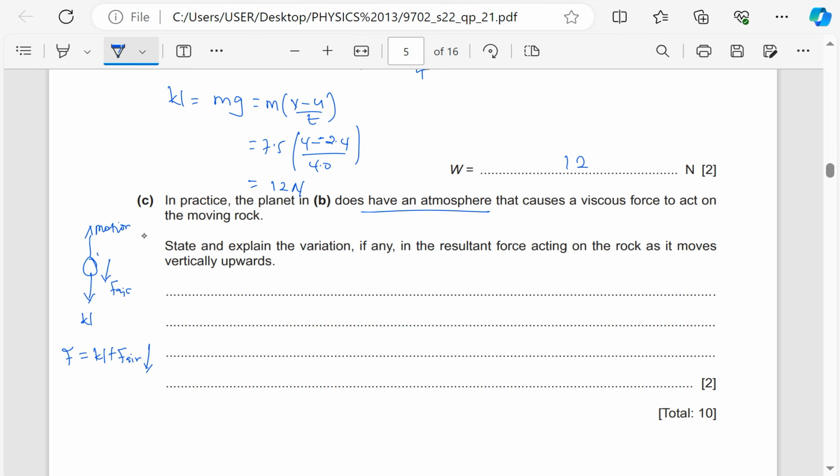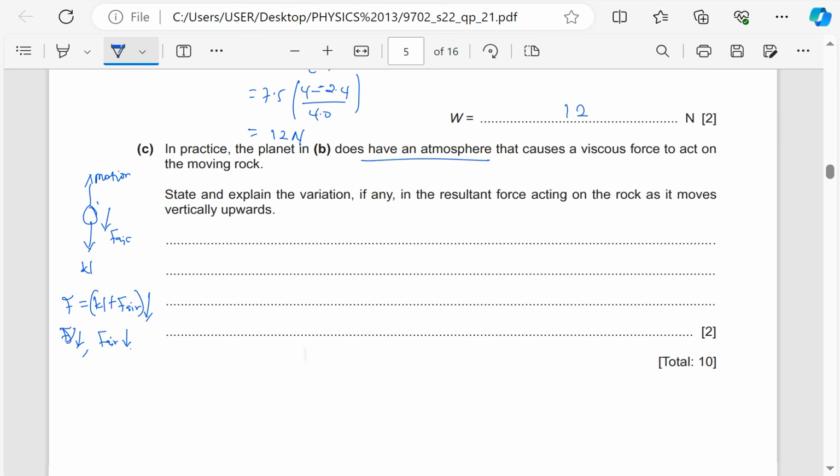Remember, as it moves upwards, the speed decreases, which means the force due to air resistance also decreases. So the viscous drag, or the force due to air resistance, decreases, but remember the weight is constant. What happens to the resultant force?